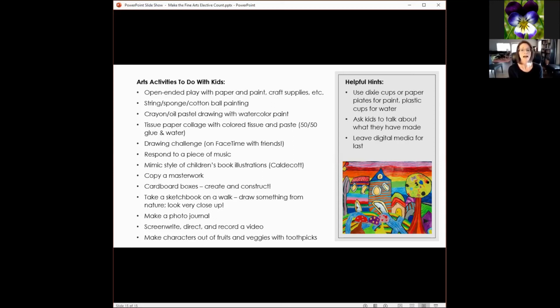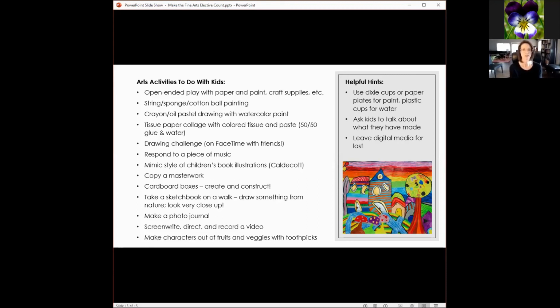And so my recent years have been full of these things, and I think so fondly on the times that I've spent with my kids doing these things. So let's just quickly give you some ideas for arts activities to do with your kids.